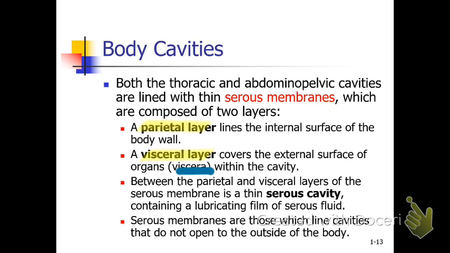So the visceral layer sits on the viscera, or as you hear me say, it is shrink wrapped to the surface of the heart, or shrink wrapped to the surface of the lungs, or of the intestines. Now, in between these two very thin layers, the parietal layer and the visceral layer, there is a space, a cavity, right? A cavity is a space.